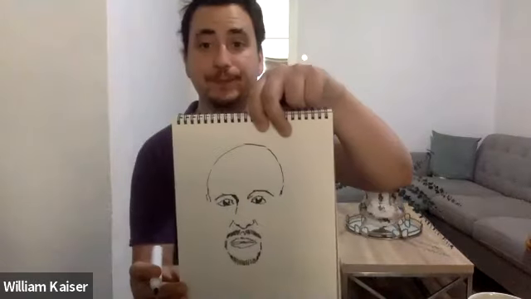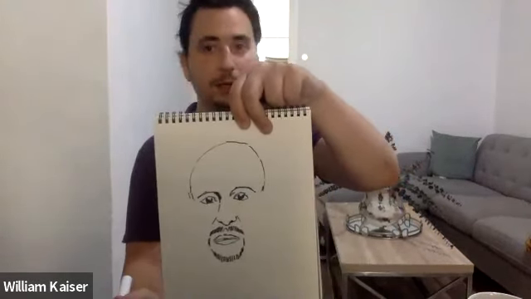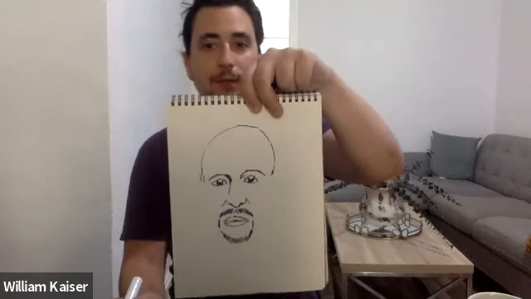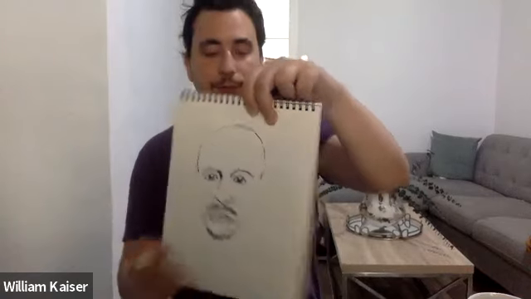I am defining now the shape of the top of his head. So now we have, it's a bit big, but we have kind of more direction over how all the proportions will work together.